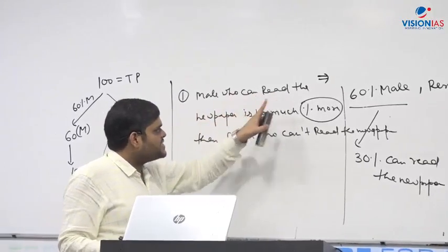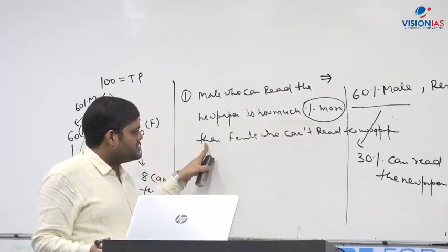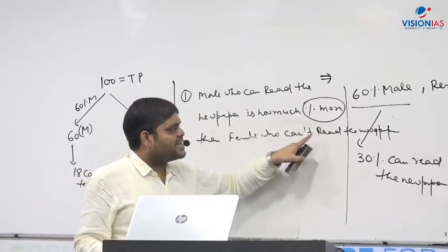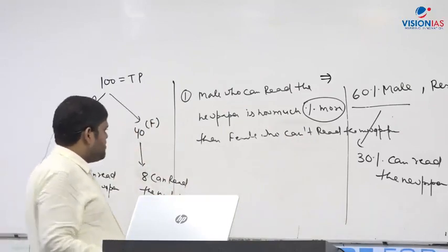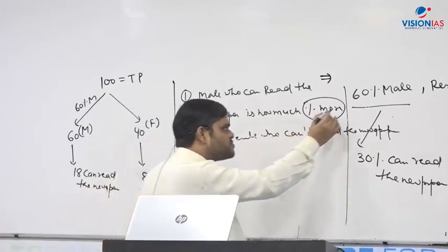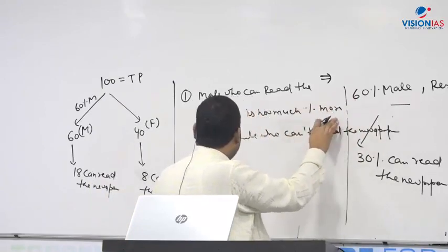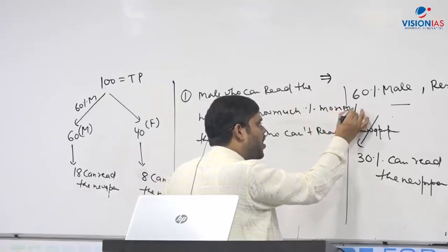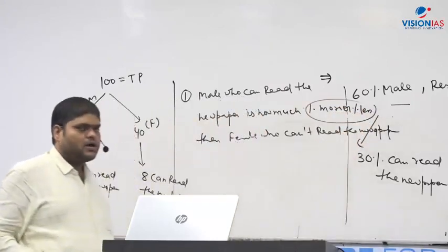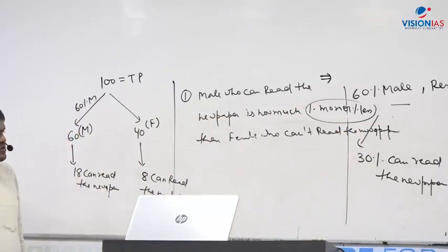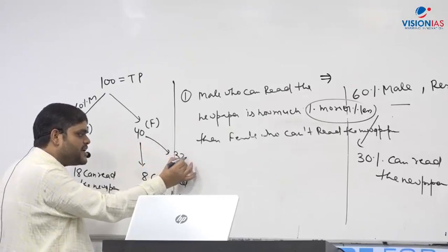Male who can read the newspaper is how much percent more than female who can't read the newspaper. Here we can make it percent more or percent less, because then only the question will be correct. If 8 females can read the newspaper, 32 can't.